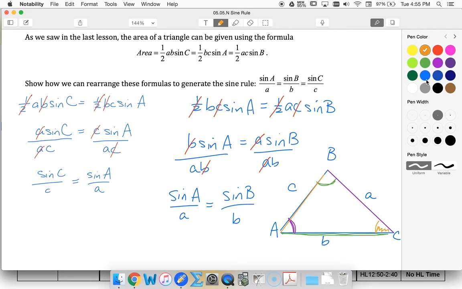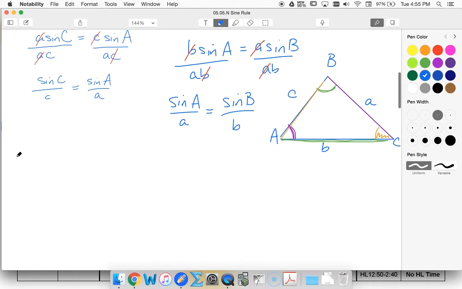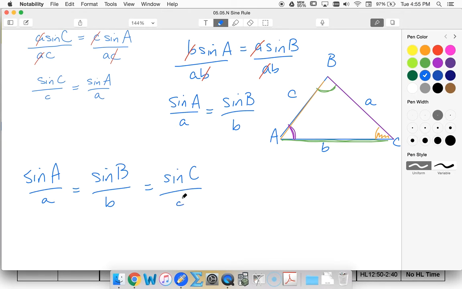Notice that with these equations, let me write them out again. I've got sine A over a equals sine B over b equals sine C over c. So all of these ratios are going to be equal to each other. I can also take all of these and flip them over.